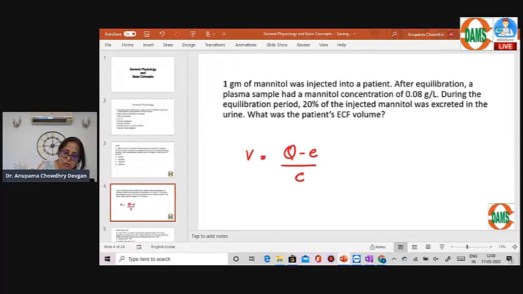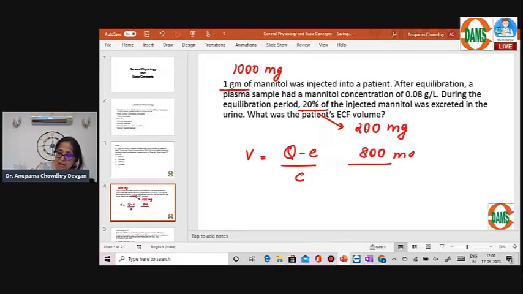Q has been given. Q is 1 gram, that is 1000 milligrams. E is given. E is 20%, which is 200 milligrams. So that means 800 milligrams divided by 0.08 grams per liter.